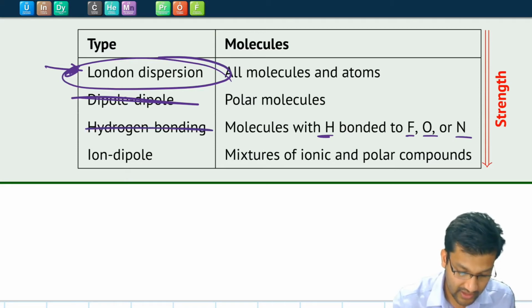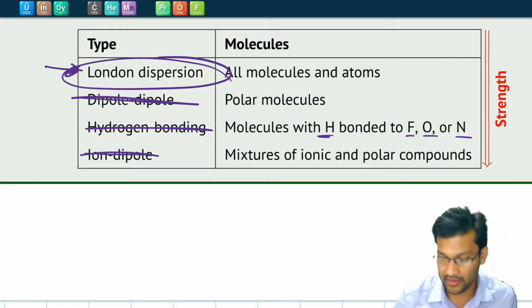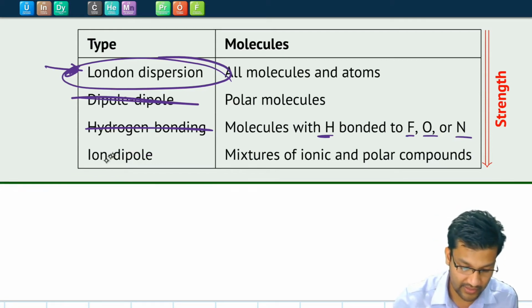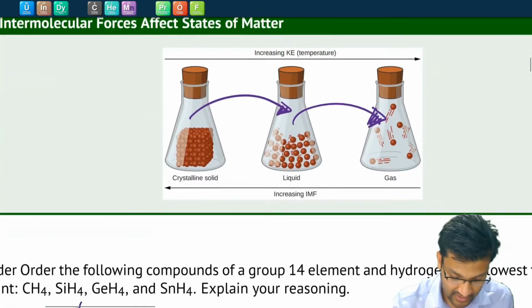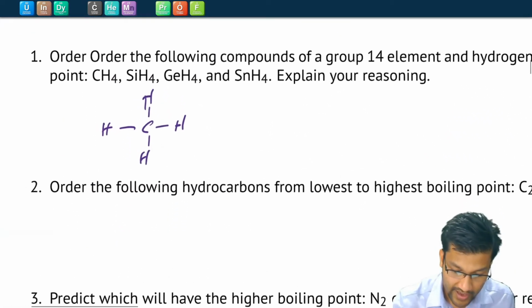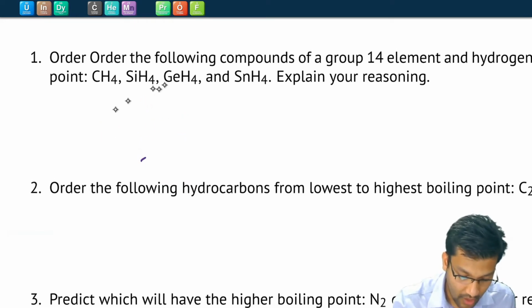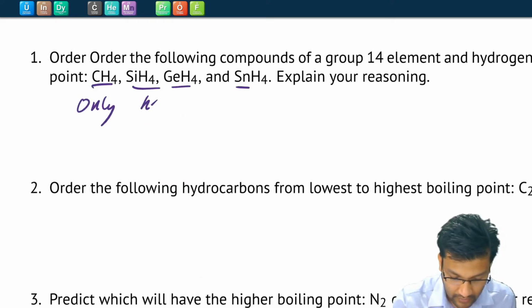It doesn't exhibit hydrogen bonding because that's only for hydrogen when it's bonded to fluorine, oxygen, or nitrogen. And there is no ion in there, so there are no ion-dipole interactions anyway. So the only interaction that CH4 will have is London dispersion forces. In fact, all of these will only have dispersion interactions.